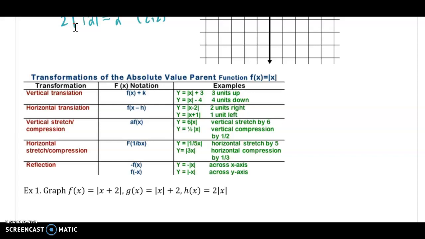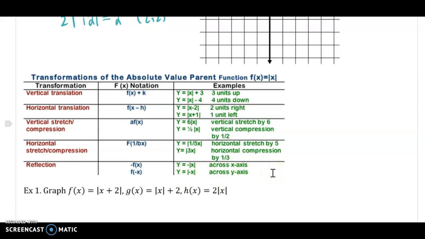And then when it's multiplied outside, that's going to be a vertical stretch or compression. And when it's multiplied inside, it's going to be a horizontal stretch or compression. And then when we're talking about a negative, when it's outside, it's a reflection across the x-axis. And when it's inside, it's across the y-axis.